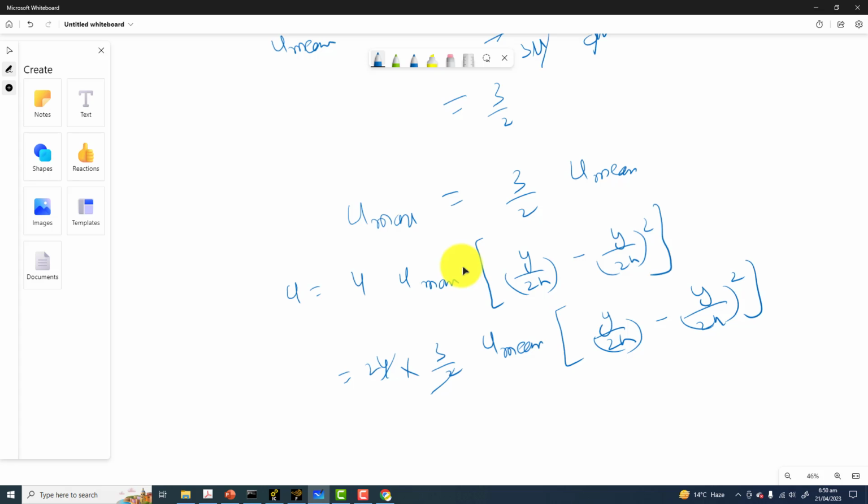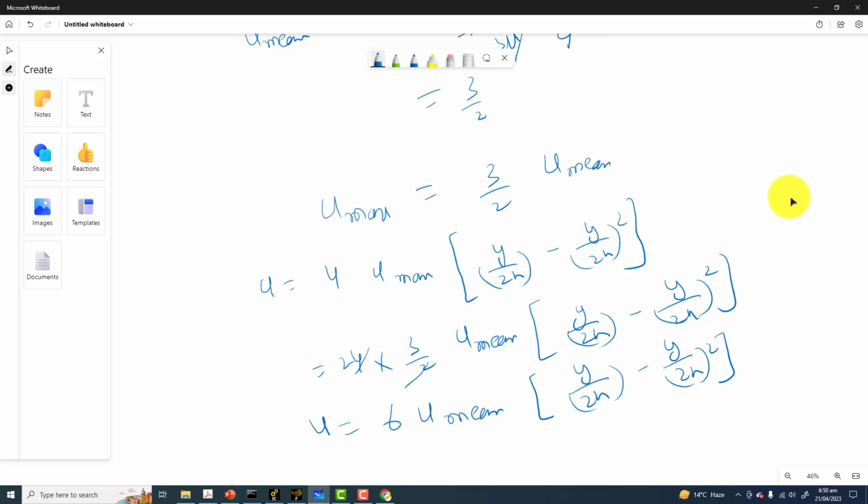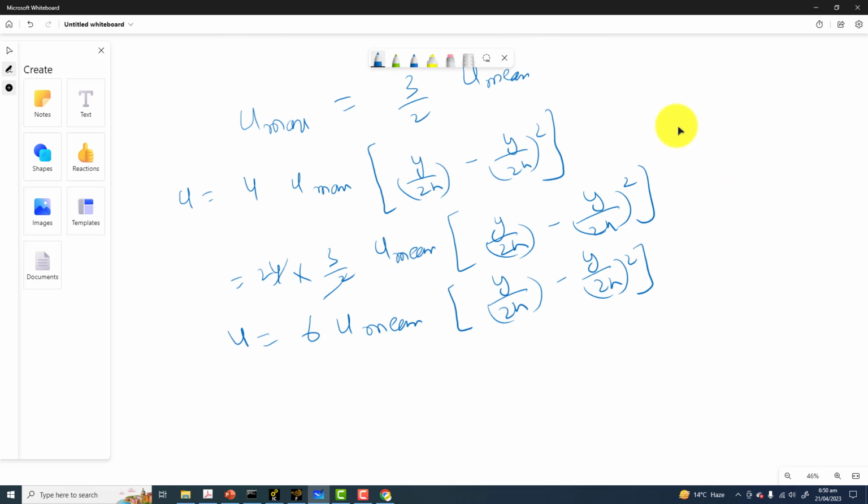So this is equal to 6 u mean into y upon 2h minus y upon 2h whole square. Okay, so this is the velocity profile when we have the channel length is equal to h.